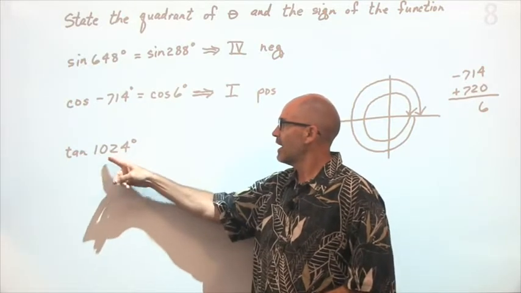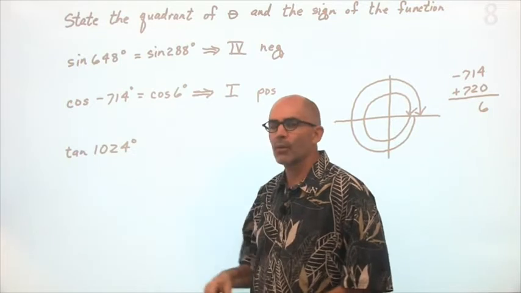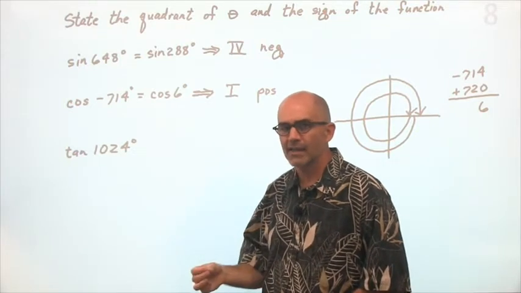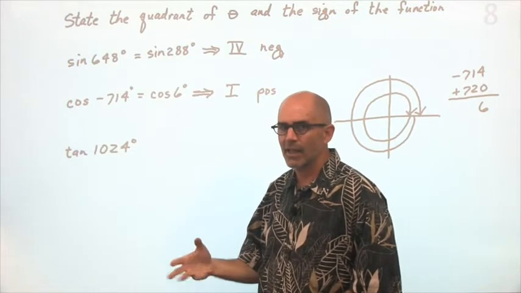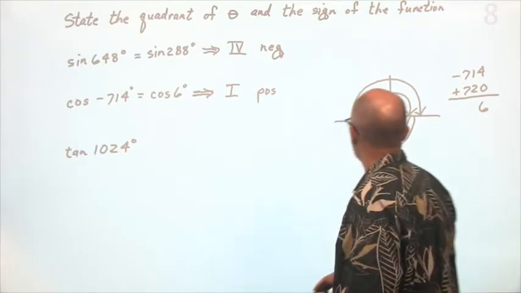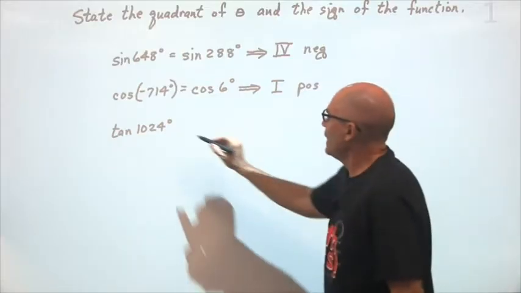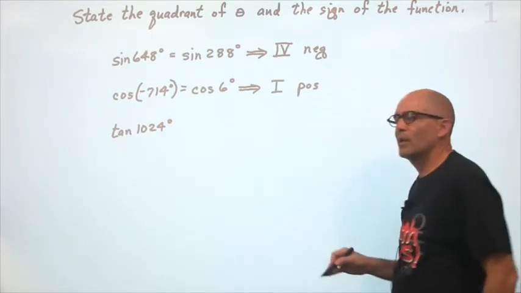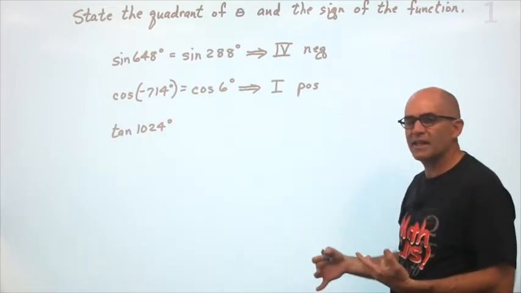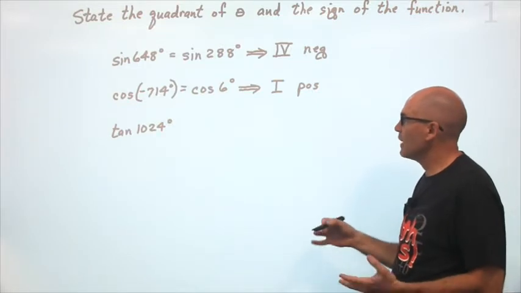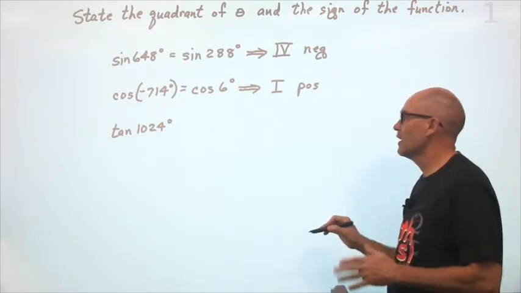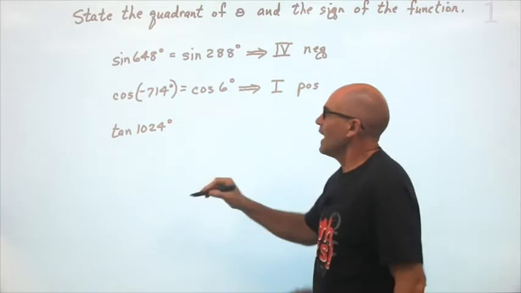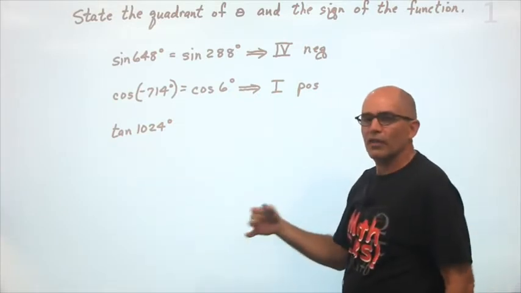So here we are again, tangent 1024. What I'm going to do is subtract 360 until I have a number between 0 and 360. Okay, now 1024 degrees. We want to subtract 360 until we get it down in between 0 and 360. So clearly I can subtract more than 360.